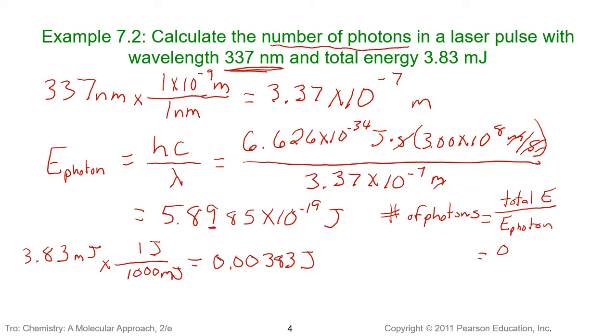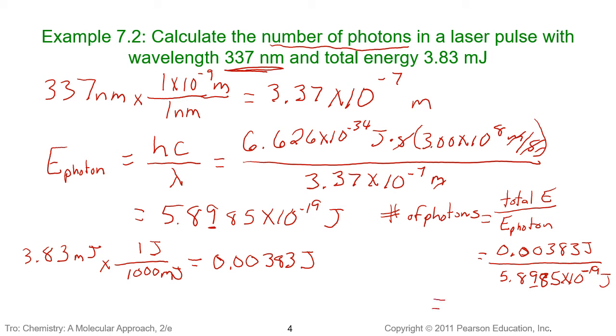So our total energy was 0.00383 joules. The energy of each photon is 5.89 times 10 to the negative 19 joules.